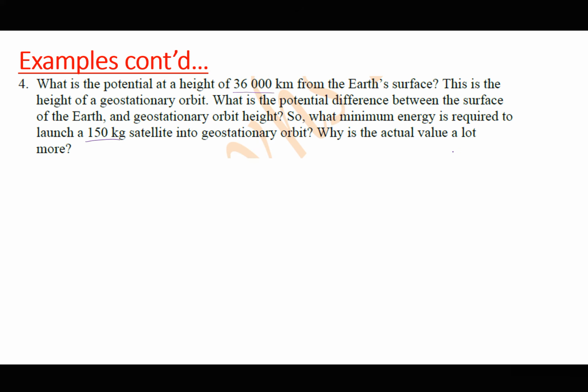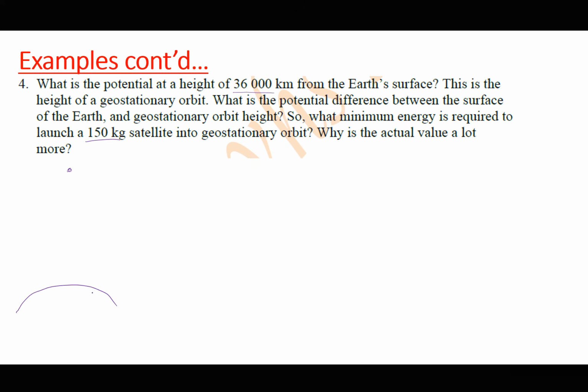Let's begin by finding the potential at that height. Remember, this is the height from the surface of the Earth, yet potential is measured from the center. Let me say this is the Earth. I know many people believe that when we talk about height, it is always just above in the vertical plane.